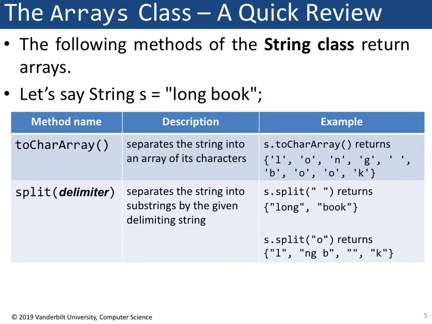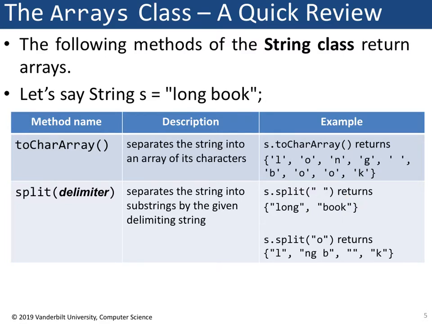Then at each location in this string where a space occurs, it will split the string. So there's a space between long and book, so it will separate long and return that as the first element of this string array, and the second element of this string array is book.